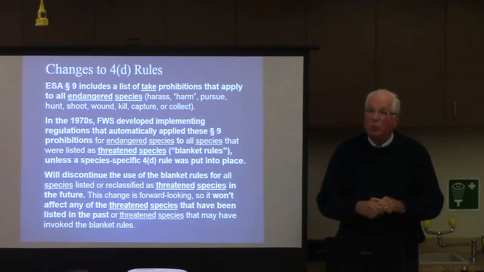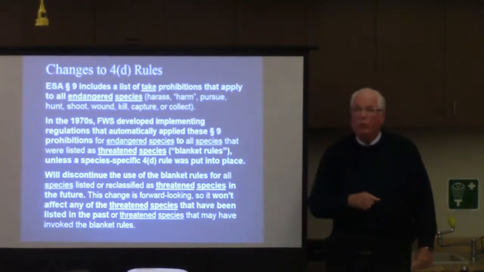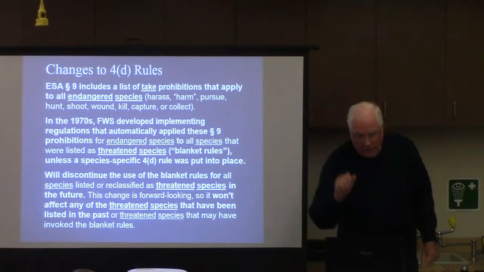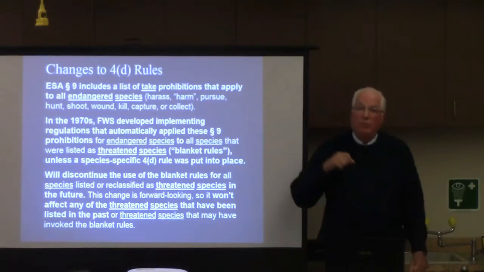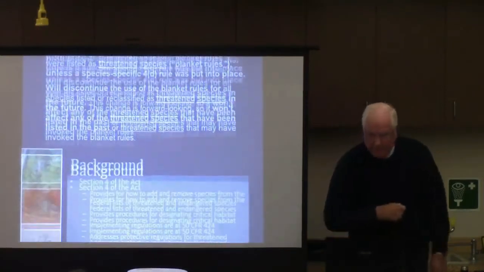This was called a blanket rule, unless there was a specific 4D rule put into place. The new regulations will discontinue the use of the blanket rule for threatened species in the future. Change is forward-looking and won't affect any species currently listed as threatened.